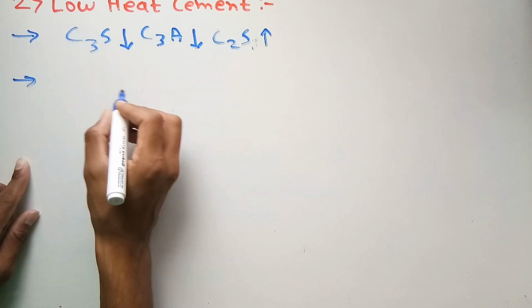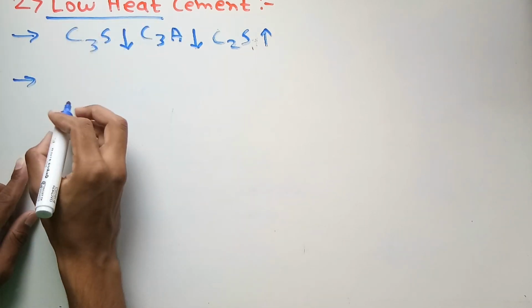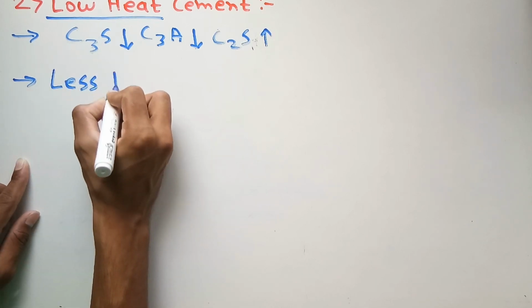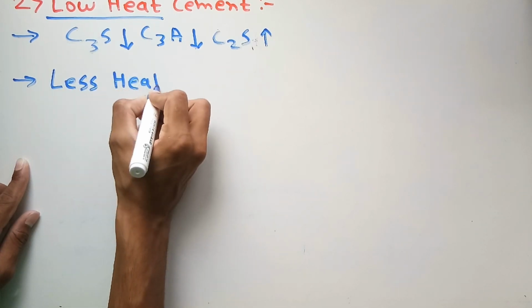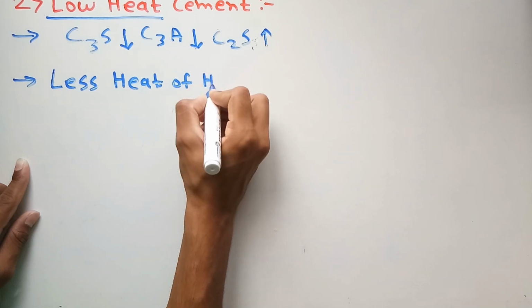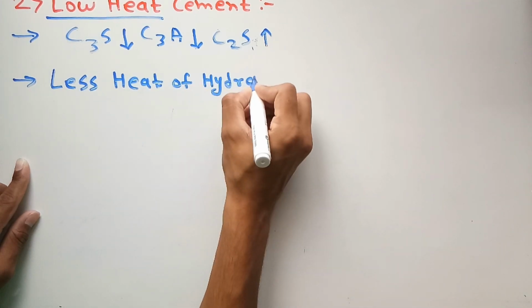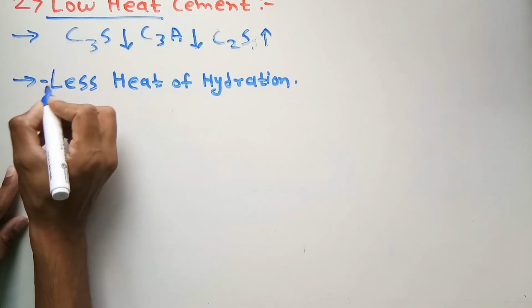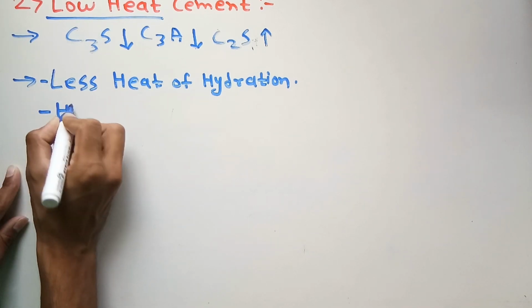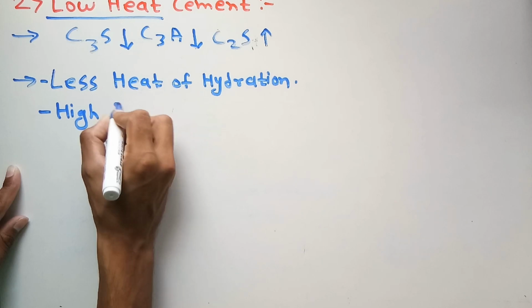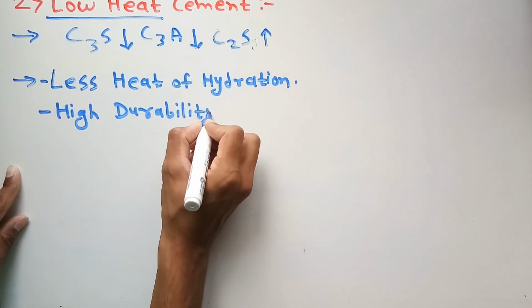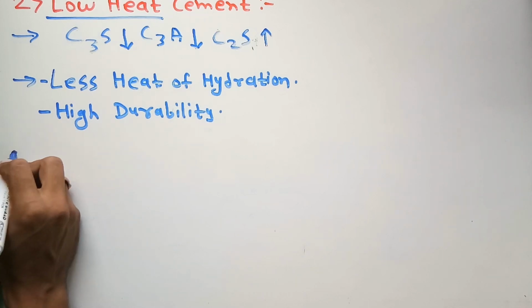Okay, now we will see the properties of low heat cement. Obviously its name indicates it's low heat cement, so that means it gives less heat of hydration. Then its second property, that it gives high durability. Then we will see its uses.